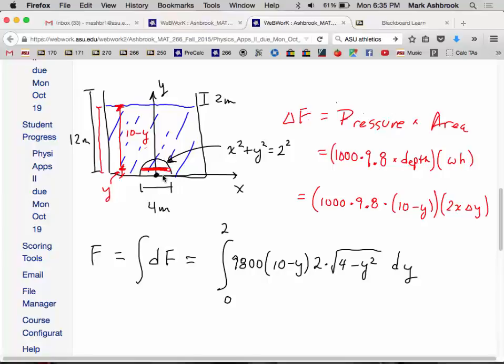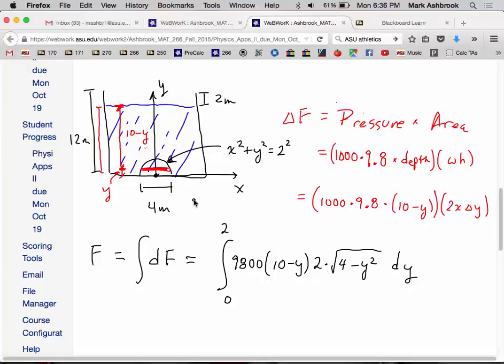Well, first of all, it's got to be a difference of 2, not 4 to 12. I don't see how it could be 4 to 12 because one radius is 2. So I don't see how you would have a distance of 8 from 4 to 12 when you're only going across a radius of 2 in terms of adding up your strips.